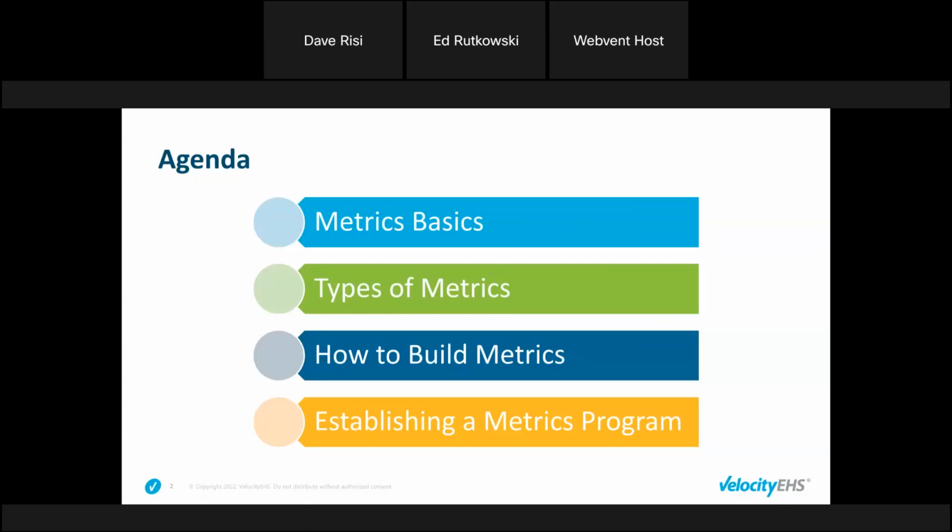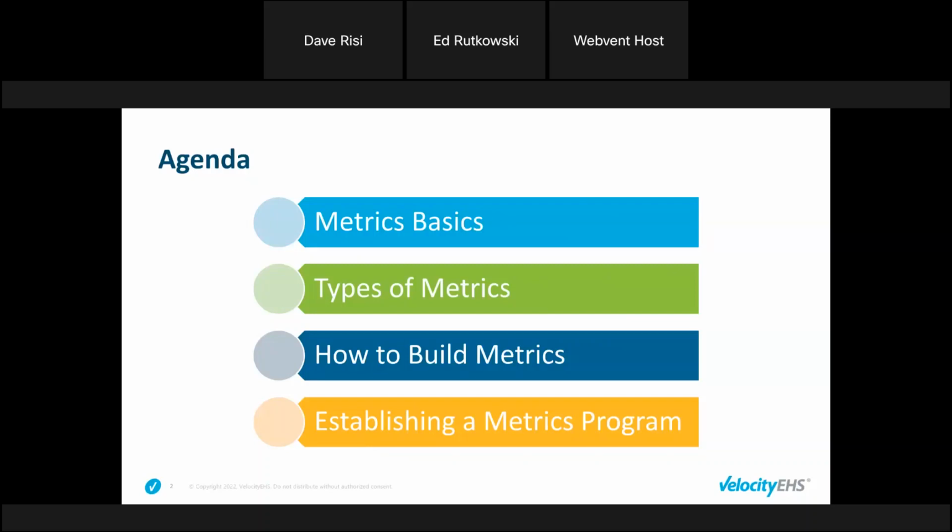Then I'll go through some different types of metrics. There are probably some types you have not seen before, and I'll review those. The next two parts are where I think you get the most value: building metrics and building a metrics program.